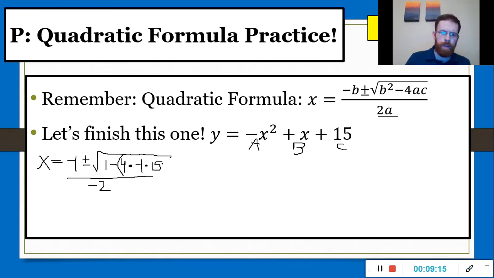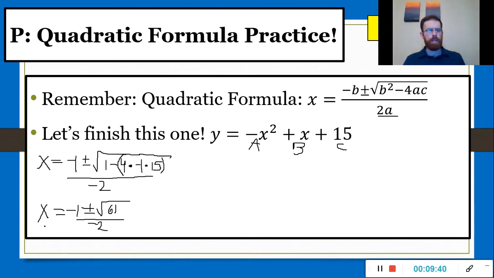Alright, what's a negative 4 times a negative 1 times a 15? That's right, kids, it is a positive 60. So I have negative 1 plus or minus the square root of what's 1 plus 60, 61, all divided by negative 2.